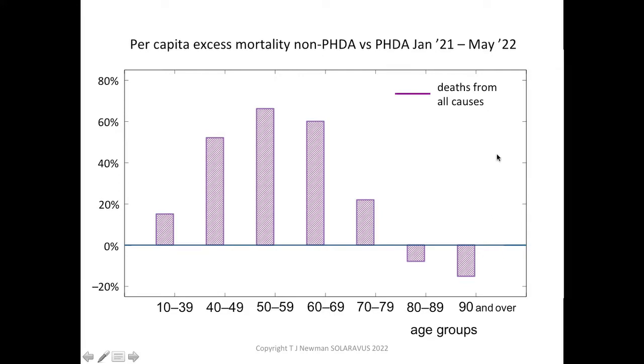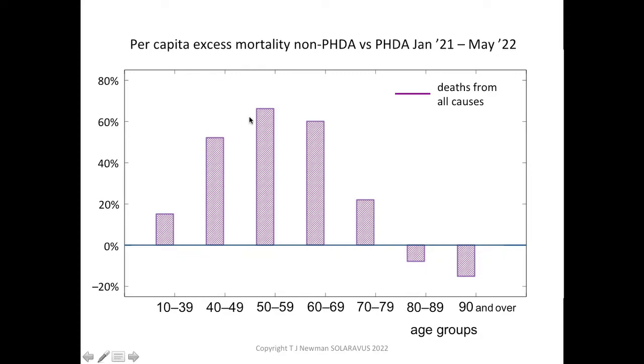So here we have this for deaths from all causes for each age group. What you can see is that the excess mortality in the non-PHDA group, which I'm colloquially calling the hidden 10 million, is a positive excess in each age group, except for the two oldest groups.